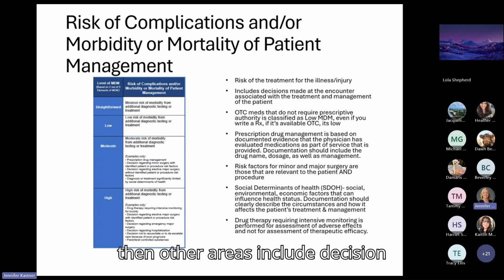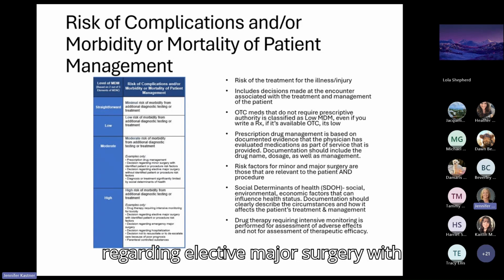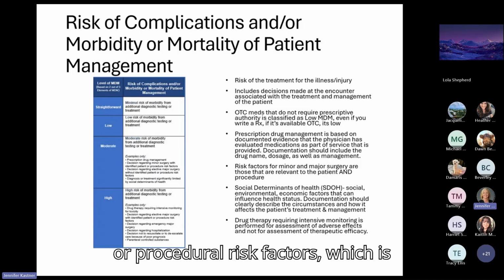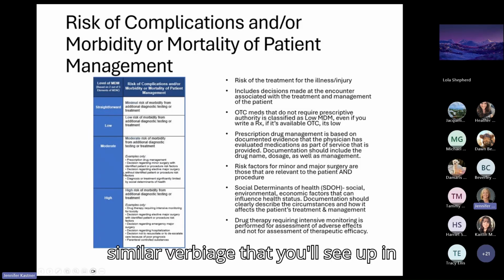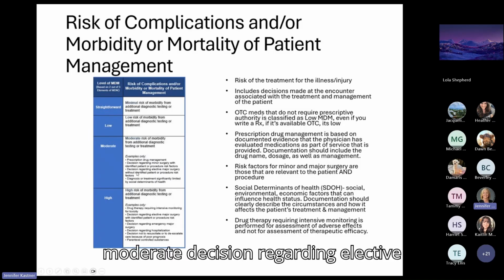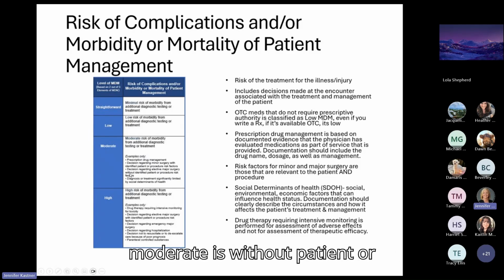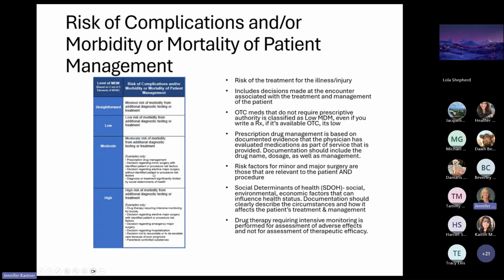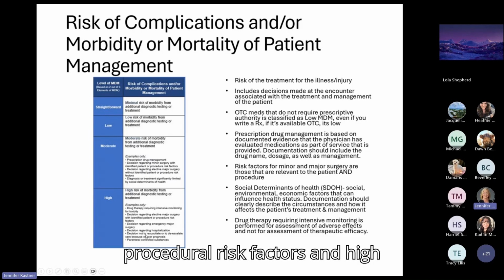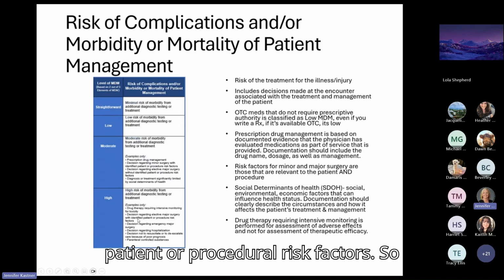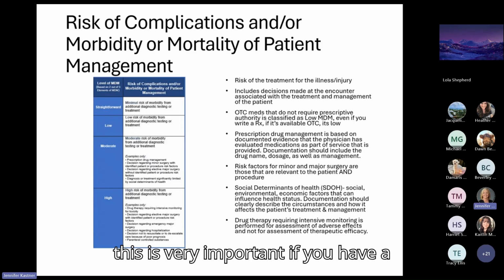And then other areas include decision regarding elective major surgery with patient-identified or procedural risk factors, which is similar verbiage to what you'll see up in moderate, decision regarding elective major surgery. But the difference is moderate is without patient or procedural risk factors, and high is with identified patient or procedural risk factors. So this is very important.